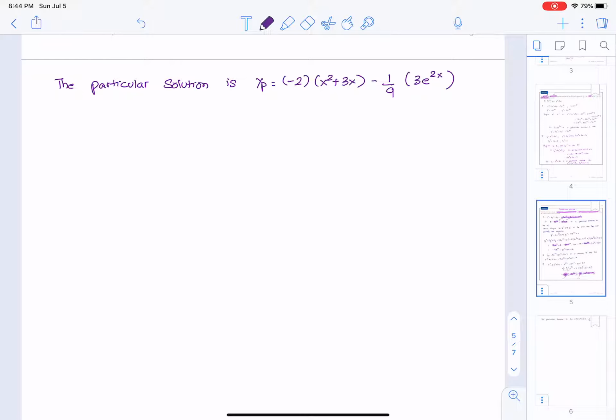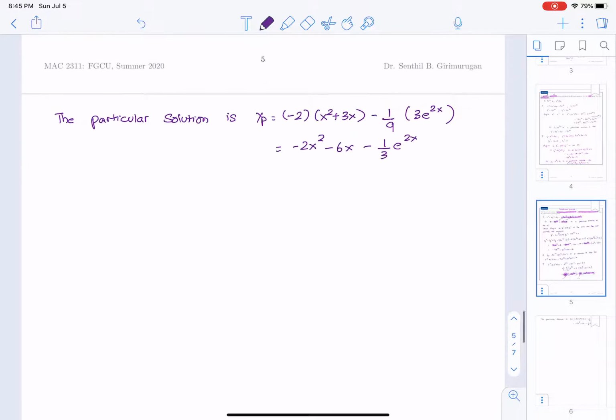So that would give me negative 2x squared, negative 6x, negative 1 over 3 e raised to x as a solution to the equation that we have.